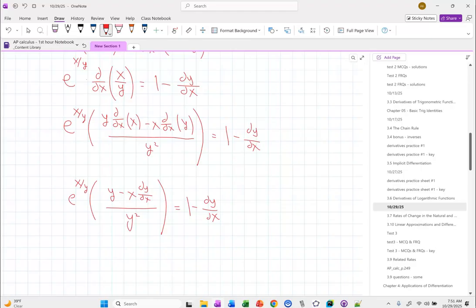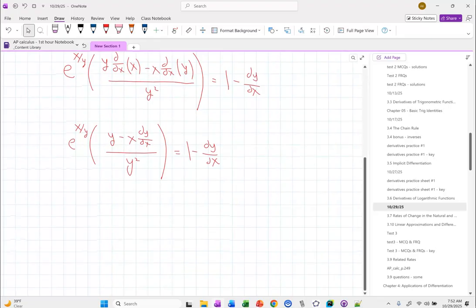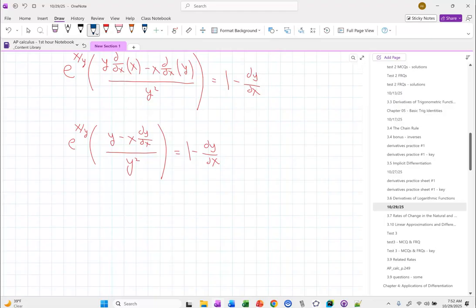Although for this problem, I need to get the dy dx by itself still, so there's some algebra cleanup that I have to do. Lucas, you good so far? Yeah. Okay. So I guess what I would do first is, I hate this fraction thing going on. I'm going to take care of that straight away. I'm just going to multiply both sides by y squared.